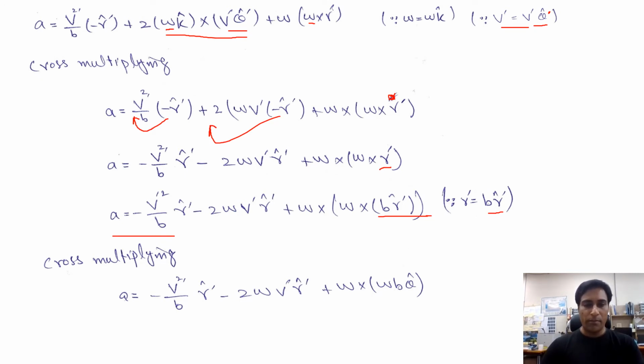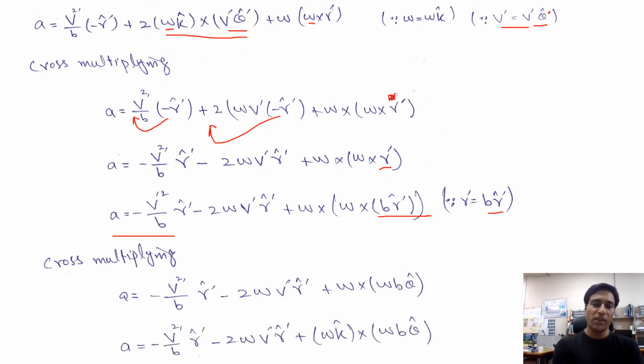a is equal to minus v dash square over b r dash unit vector minus 2 omega v dash r dash unit vector plus omega cross v b theta dash. And we know that this omega is equal to omega k unit vector.